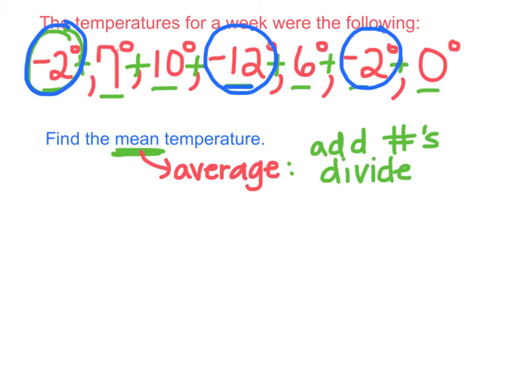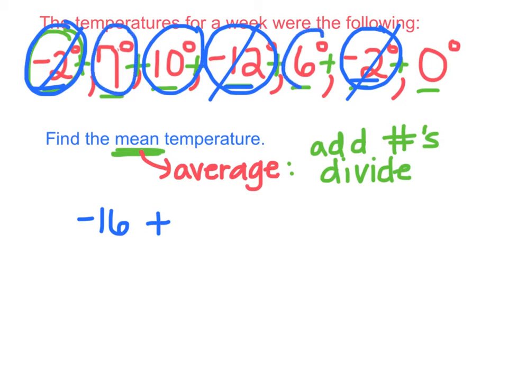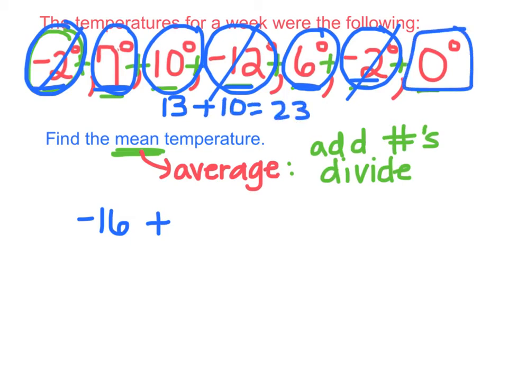That would be 12, 13, 14, 15, 16 negatives. Okay, I used those, so I'm going to cross them off. Okay, I'm going to put my positives together. I have 10 and then 7 and 6. Well, 6 and 7, that's 13, plus 10 is 23. Plus I have 0. That's neither positive nor negative, so I don't even need to worry about a 0. So I have 23 here.